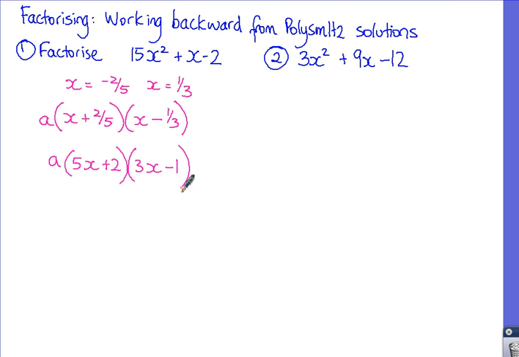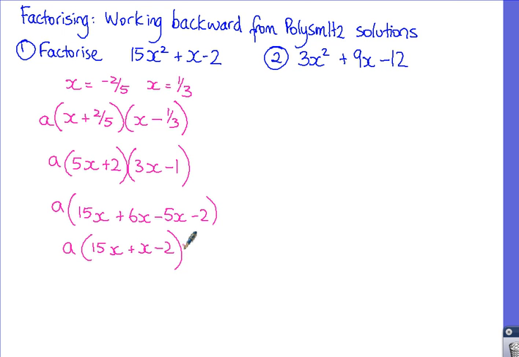Okay, so now we just need to check that these factors are correct, and we also need to check on the value of a. So I'm going to multiply my two factors together. So 5x times 3x is 15x squared, plus 6x, minus 5x, minus 2, which is equal to a times 15x squared plus x minus 2.